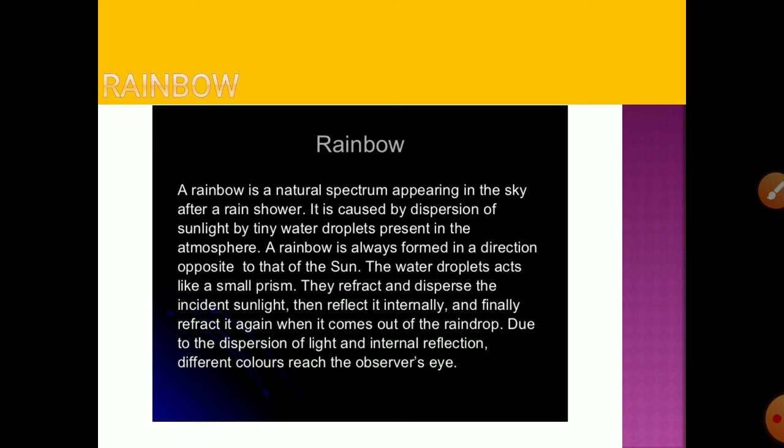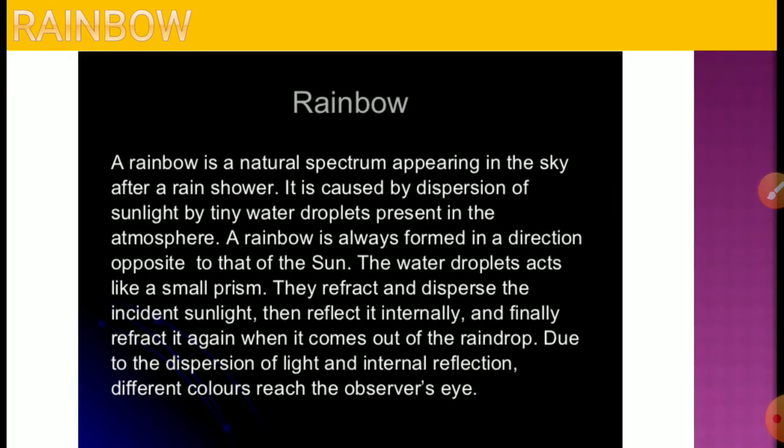After rainfall, a large number of small water droplets remain suspended in the atmosphere, and when white light passes through these water droplets, they behave like a tiny prism and disperse it into its 7 constituent colors while passing through it, giving rise to the formation of a rainbow in the sky.